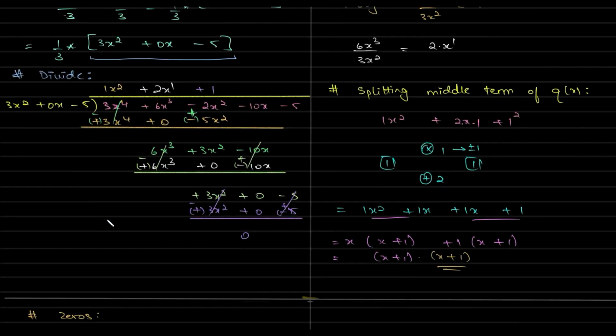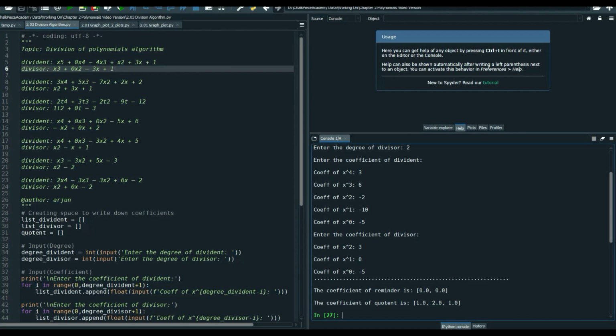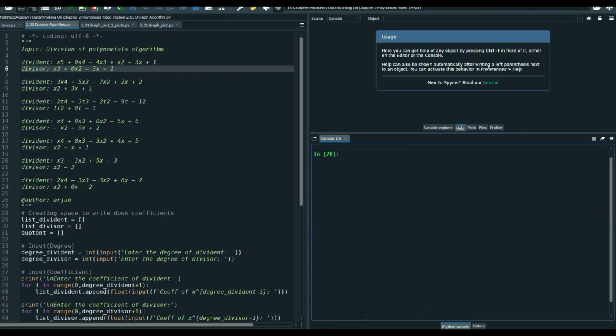So let's check our division once, just in case, okay, so that we've not missed anything over here. So we can check our division. For that I need to write down the p of x and q of x. Just a second.